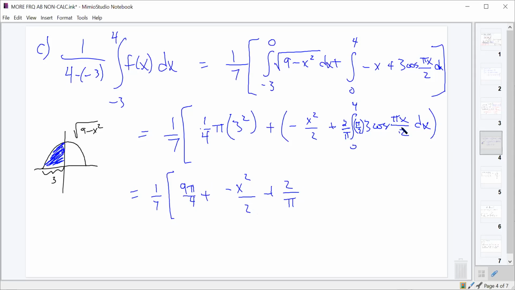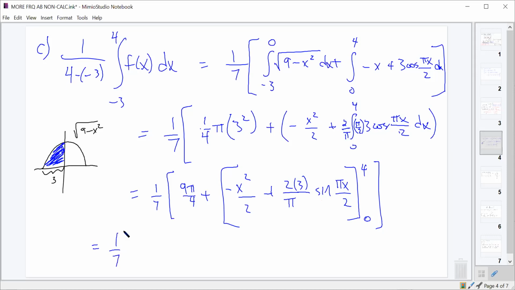And we're going to integrate 3 cosine u. That should become 3 sine u. So I'll put the 3 here. And it should be sine of u. Well, u was pi x over 2. And we still have to take this and evaluate it all from 0 to 4.